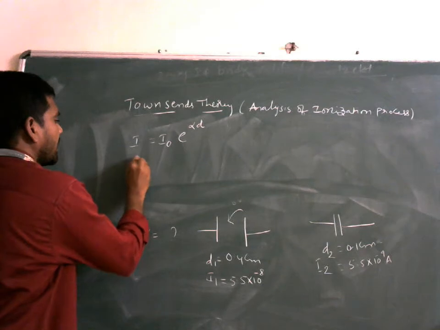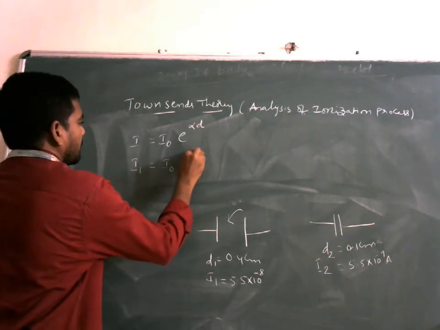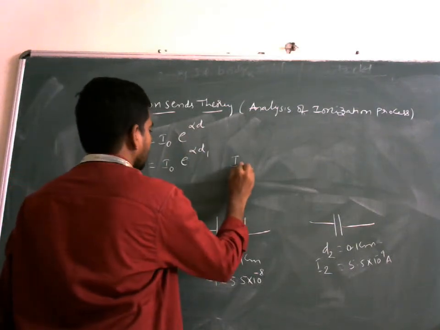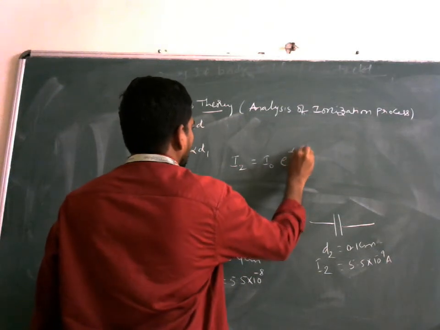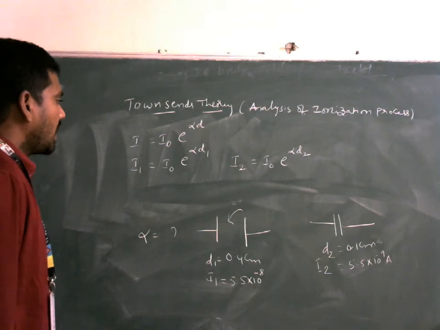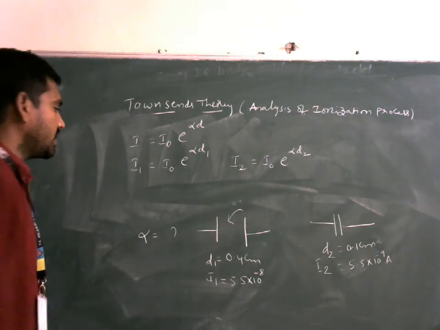From this, we can write I1 equal to I naught into e power alpha d1, and I2 equal to I naught into e power alpha d2.